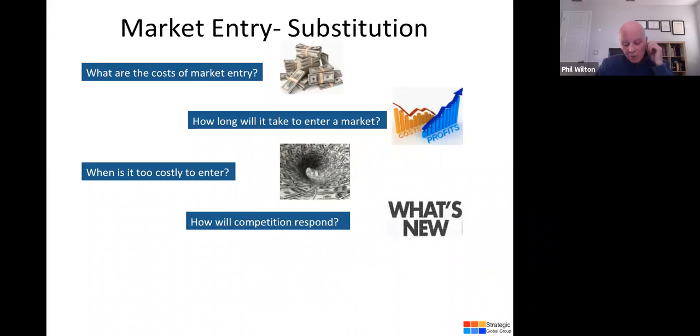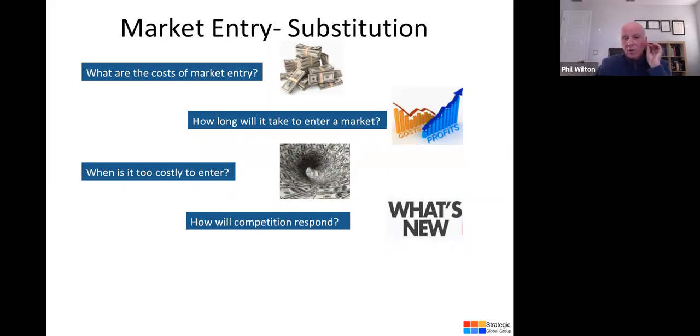How will competition respond? Competition can counter your entry, and remember this works on the other side of the coin as well, by adjusting their pricing strategies, which we've talked about, increasing their advertising. Again, we've gone through that. They can enhance or add product features, which is what Southwest did.